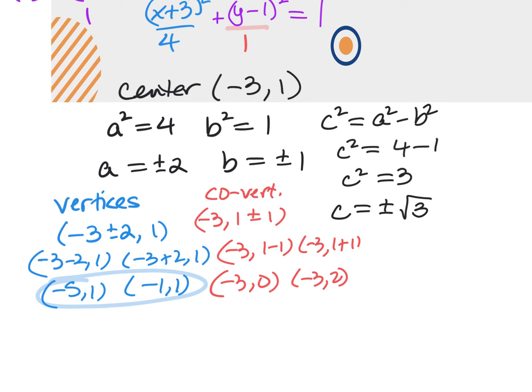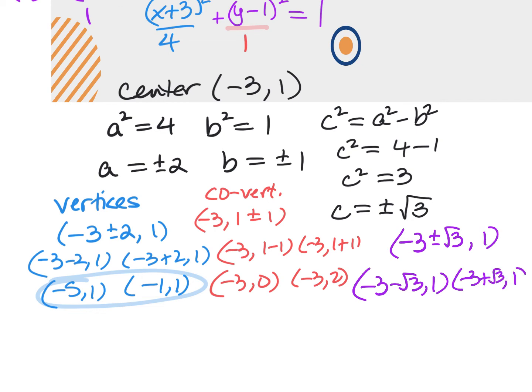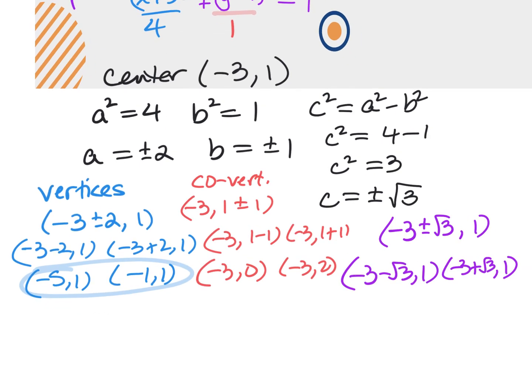Now I need to also find my foci. So again, it's the same as the vertices. I'm taking my center, −3, and then I'm going to add and subtract √3 to the h. So I have foci at (−3 − √3, 1) and (−3 + √3, 1). Now, the square root of 3 is about 1.7.